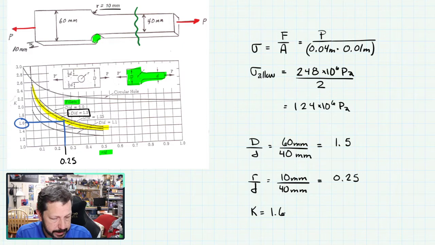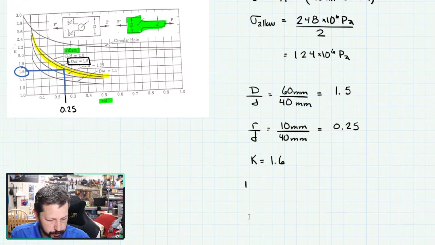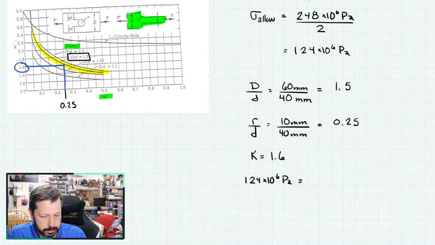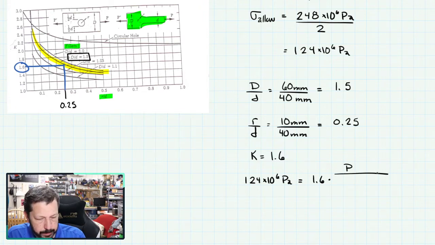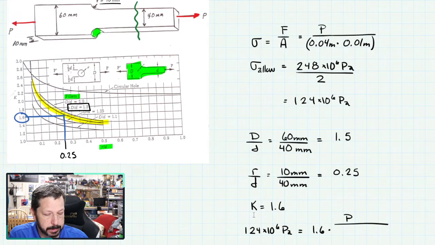So now we could take that idea, and we've got our equation that says sigma allowable, which is 124 times 10 to the 6 pascals equals K, 1.6 times P over the area that we were calculating earlier as 40 millimeters times 10 millimeters.